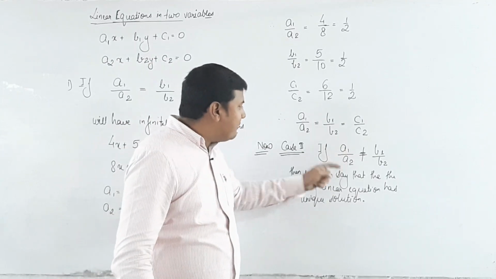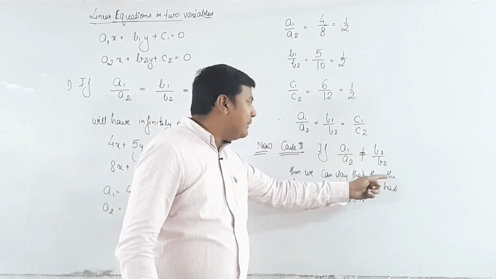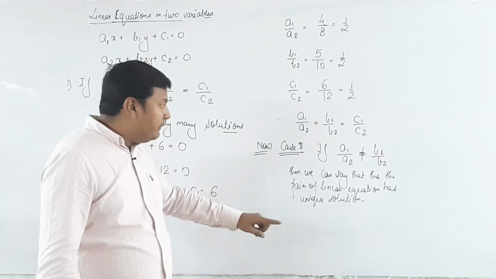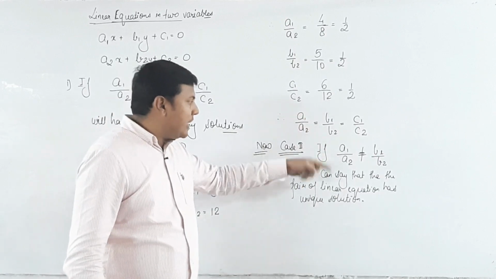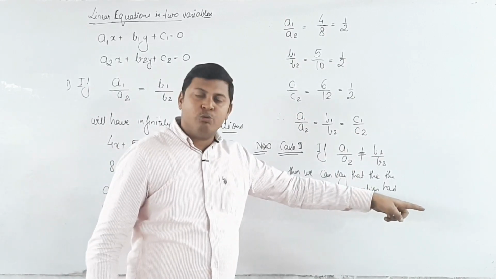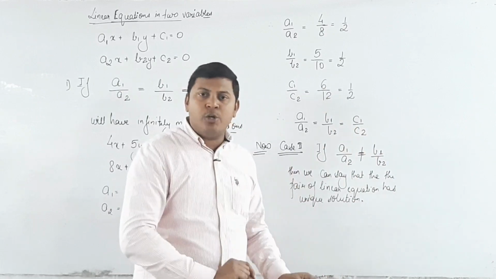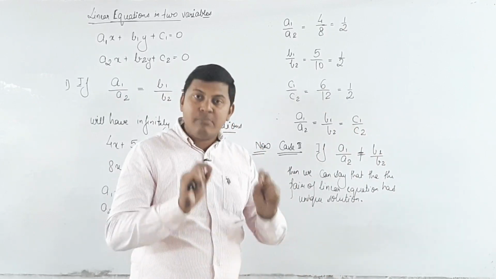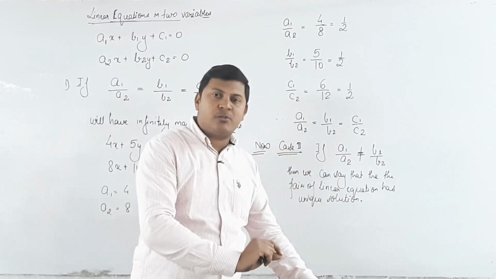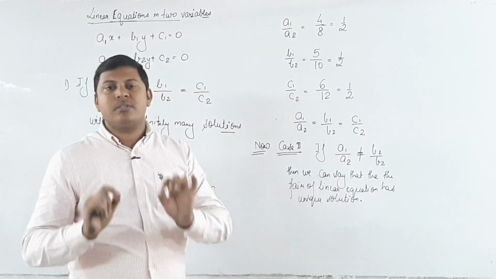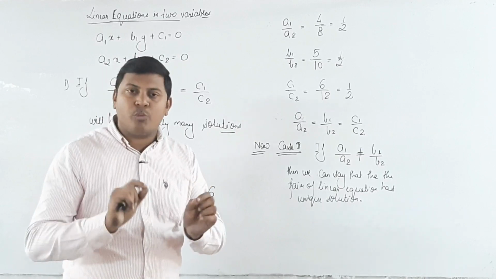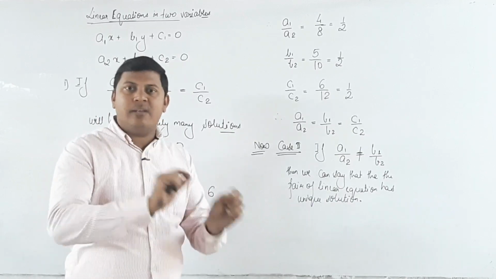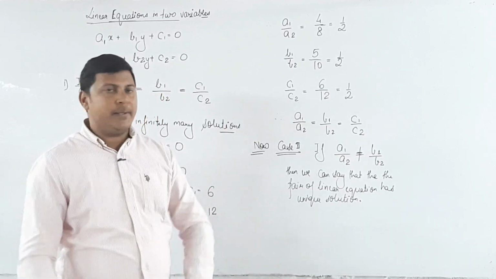But if a1 by a2 is not equal to b1 by b2, then the values of x and y will be unique. Means the value of x will be single and the value of y will be single.